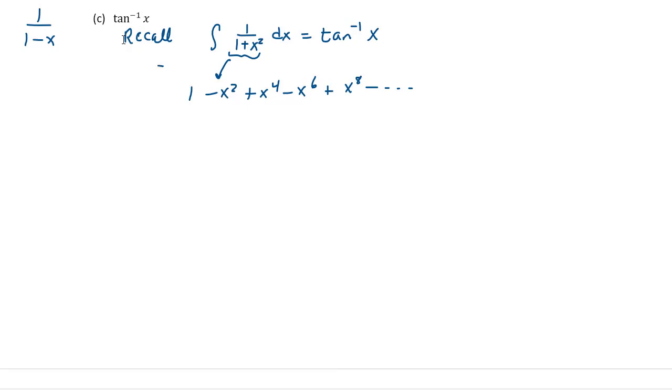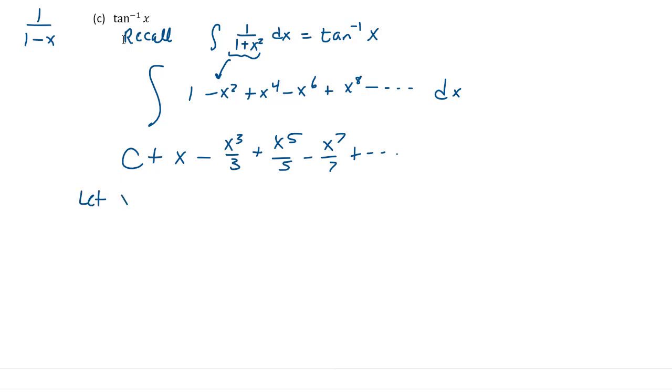So if I integrate this, I will get arctangent. So I get c plus x minus x cubed over 3 plus x to the 5th over 5 minus x to the 7th over 7, and so on. This right here is the arctangent, except I need to find what c is.